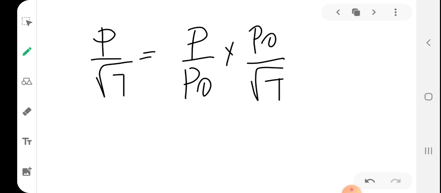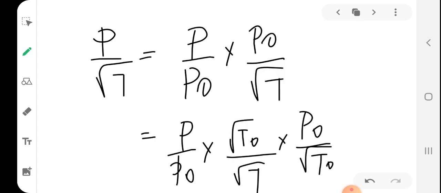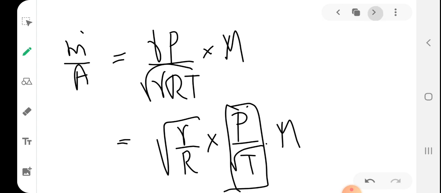Now root T can be written as P by P0 into root T0 by root T into P0 by root T0. So I am applying root T0 in numerator and denominator.